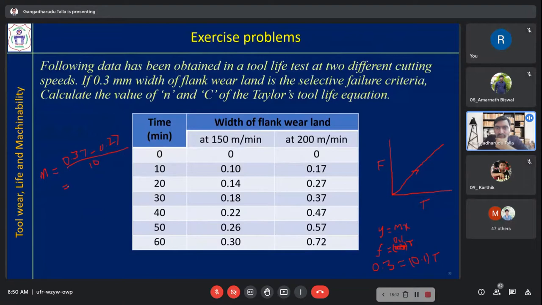This is in meter per minute. This is in minute. One thing is here, this is in mm, isn't it? This flank wear land value is in mm. Yes, sir.